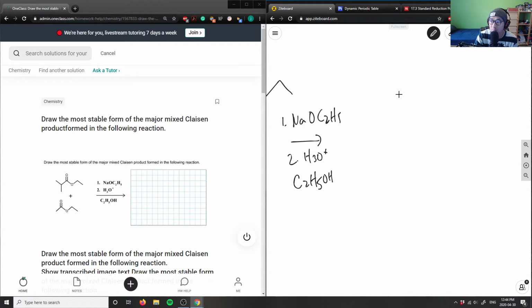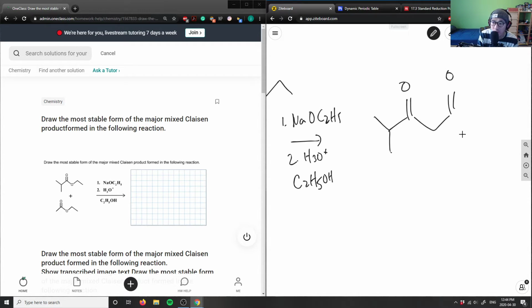So you would get something like this. You would get your first compound looking something like this with the bond O here, and this would be the other double bond for this guy here. Let's see.